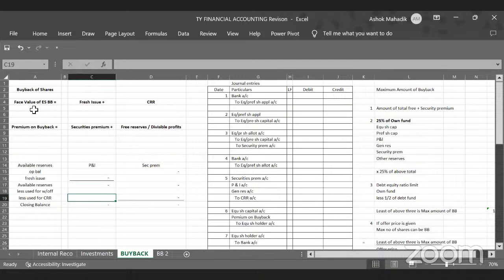Suppose you are buying back equity shares worth rupees 1 lakh. In that case, either you have to make a fresh issue of the same amount, that is 1 lakh.